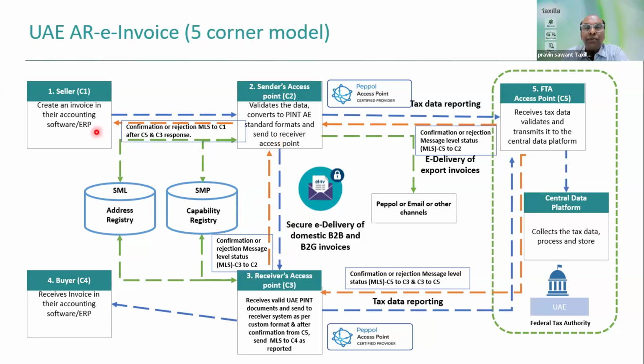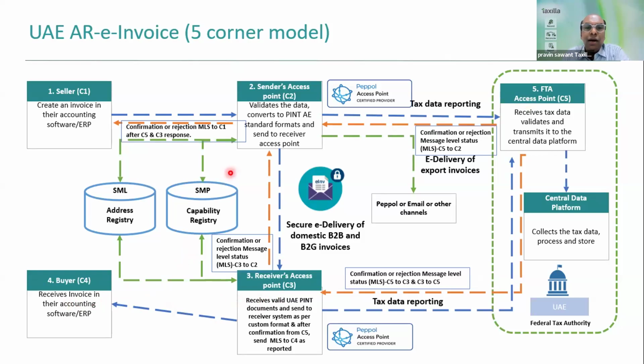You can directly send this additional document to SNB as ASP corner 2, and from here only the tax invoice is reported to corner 5, while the buyer receiving access point can share the additional document, and then the buyer ASP can share it with the buyer. In this way you don't need to send additional emails with supporting documents to the buyer.